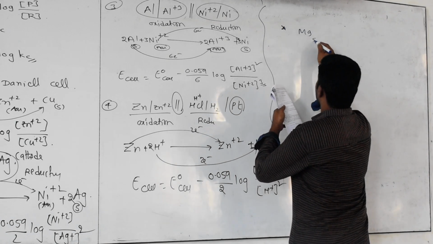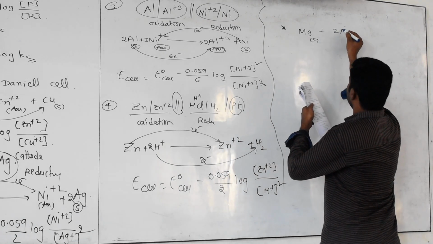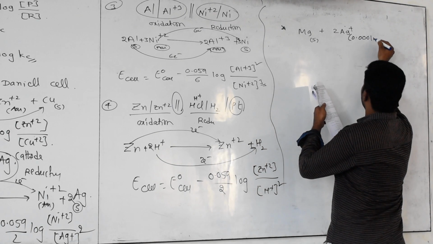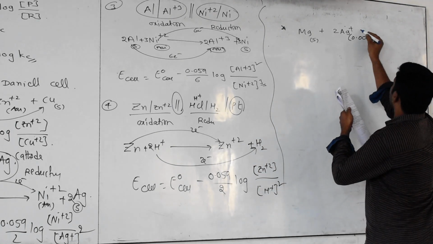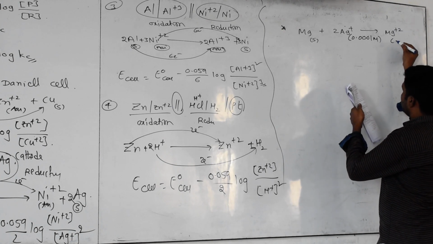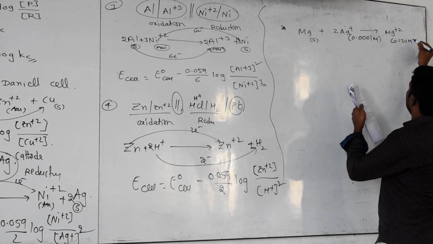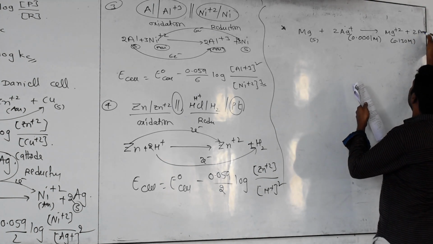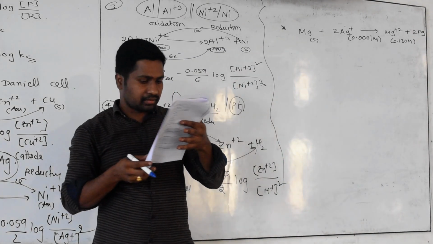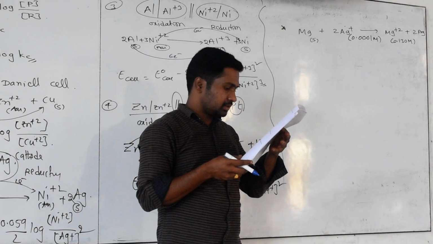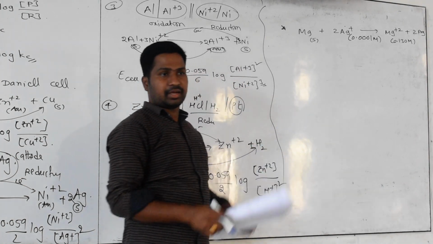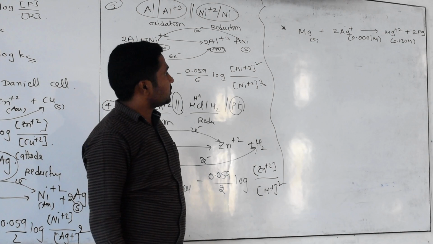Mg solid plus 2 Ag+, whose concentration is given as 0.0001 molar, converts into Mg+2, whose concentration is 0.130 molar, and 2 Ag. In this reaction, express the cell in which the following reaction takes place. How can we show the cell reaction?